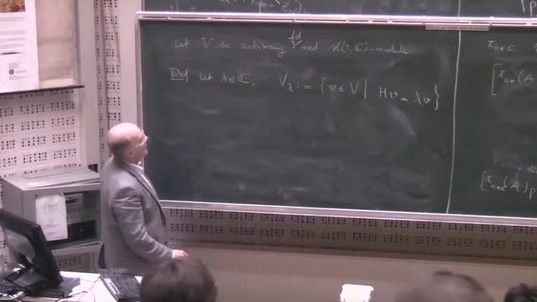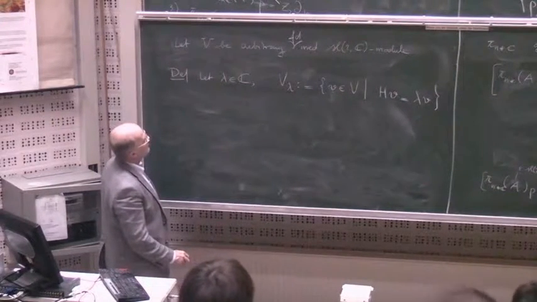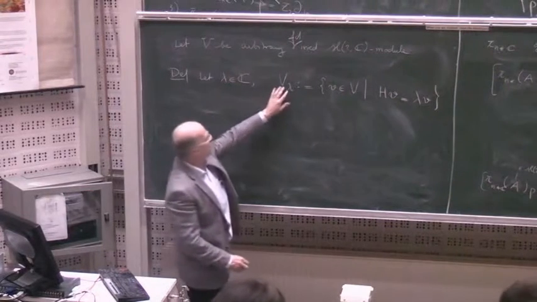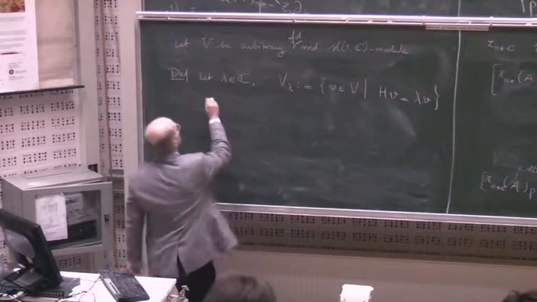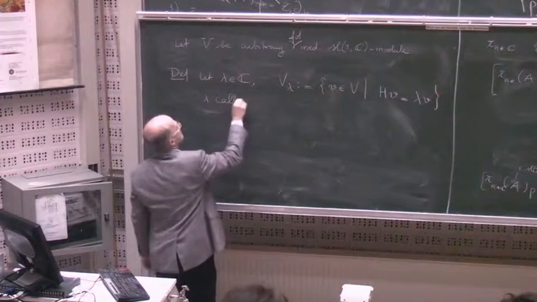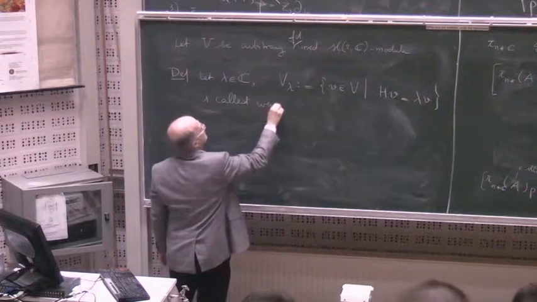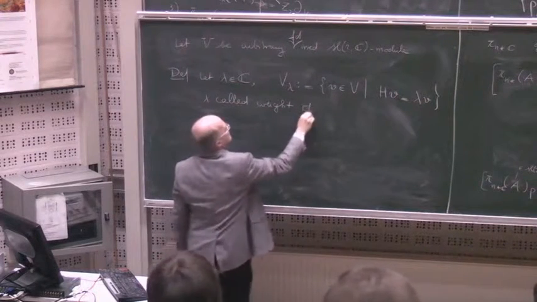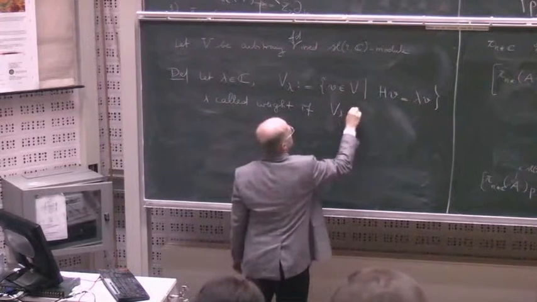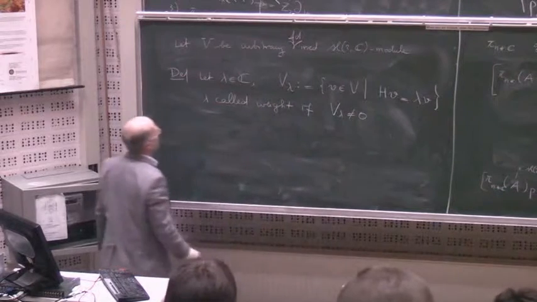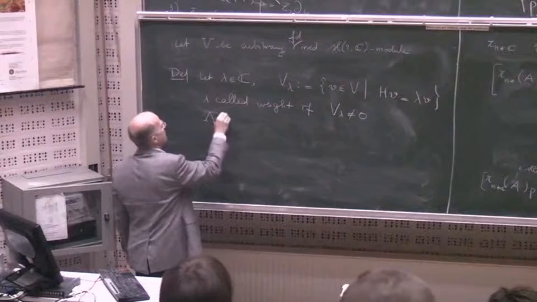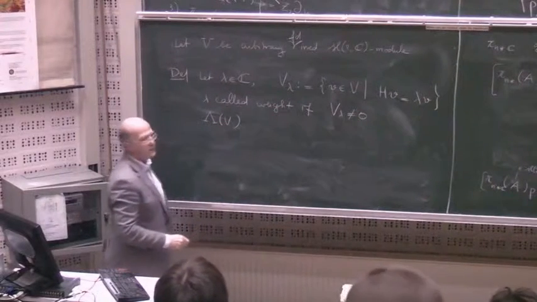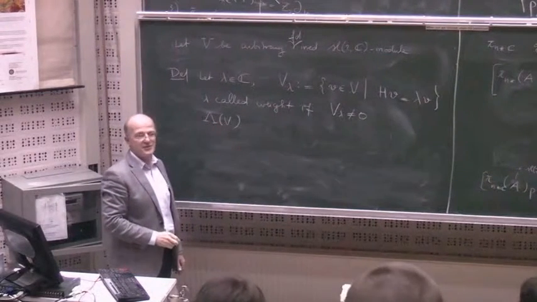Now, if this space is non-trivial, then lambda is called a weight of the representation. And capital lambda of V is obviously a finite set.